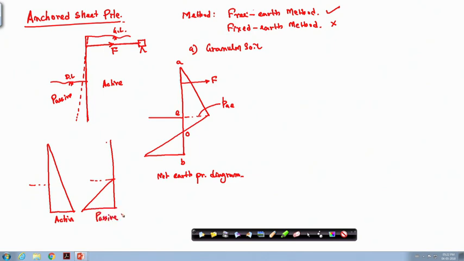But in the cantilever sheet pile case, it was active passive 4 zones, but here only the right side is total active and left side is total passive. So, up to here the net earth pressure diagram will be the active, then it will shift from this side to other side, okay, because the passive is more. So, it will shift. Okay.